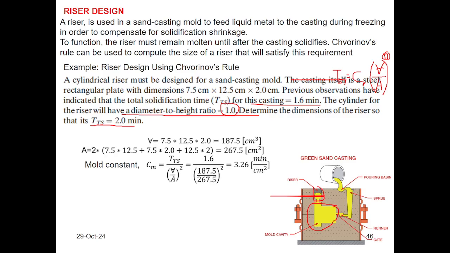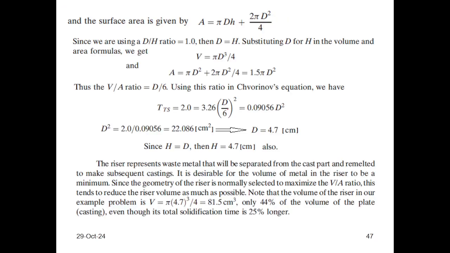Okay, we skip the solution, since we already studied the solution of this problem, and bring this question to our interest: the optimum diameter to length ratio for a riser design, or in the geometry of a riser.